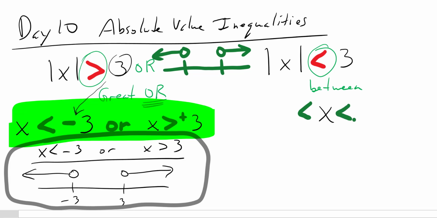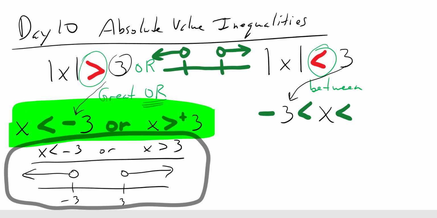Always, always, always point to the left. That's how a between problem is. You'll never see a between problem where it points the other way. And what you're going to do is you're going to say negative of that 3 and positive of that 3.